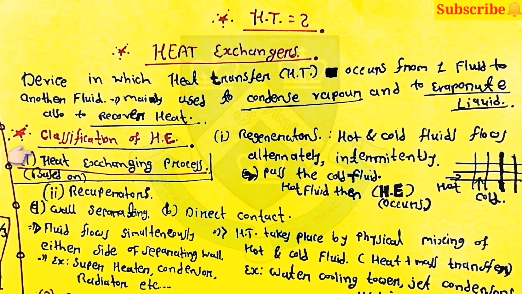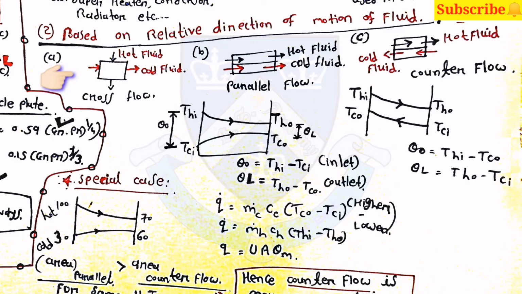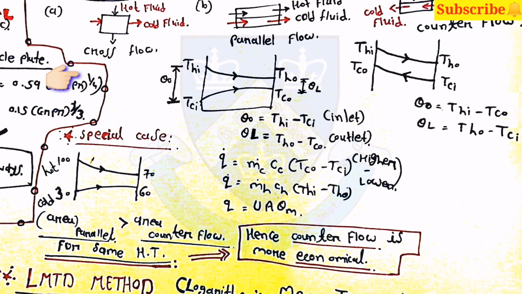First, here is the classification of heat exchangers. In that, first one is based on heat exchanging process. In that type also there are two types. First one is the regenerators and the second one is the recuperators. Then based on the relative direction of motion, three types are there: cross flow, parallel flow and counter flow.